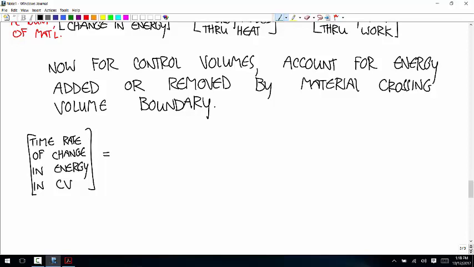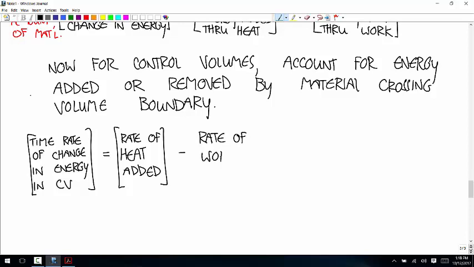And it's equal to the rate of, I'm going to write it as the rate of heat added. It's really energy added through heat, but minus the rate of work removed.